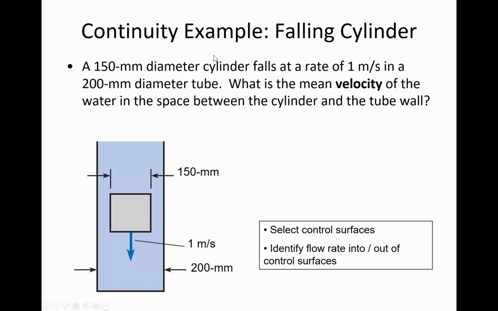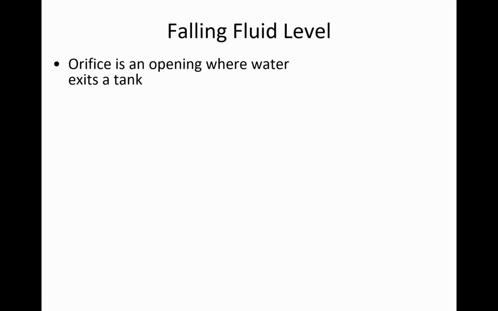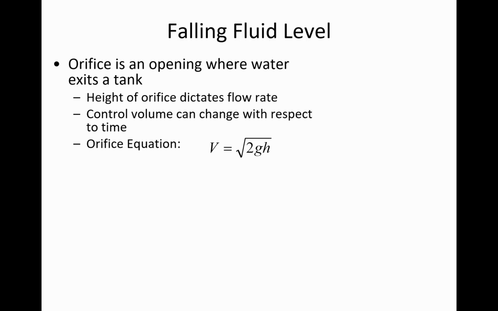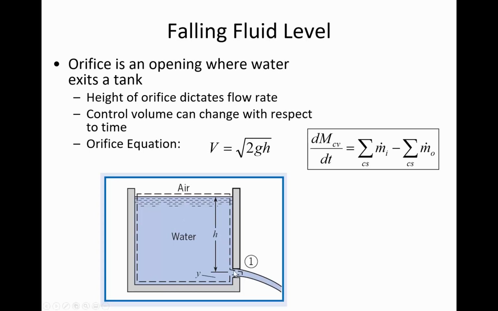All right. In the lab last week, we looked at the orifice experiment. And remember, the orifice equation is derived from Bernoulli's, where we have a tank of water and a jet going out, and the velocity of the jet can be determined by the square root of 2gh.